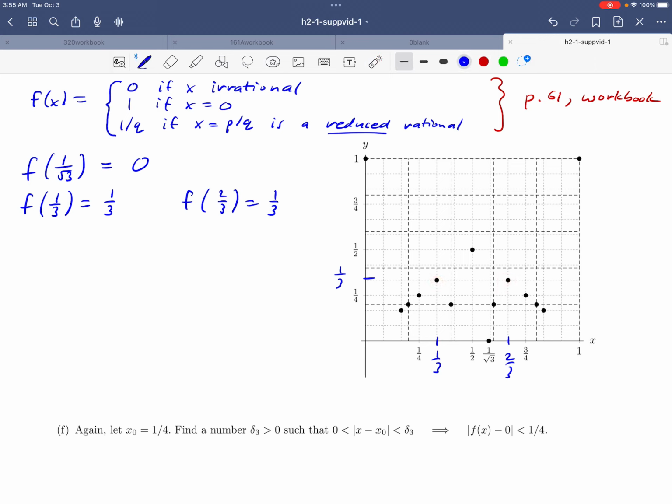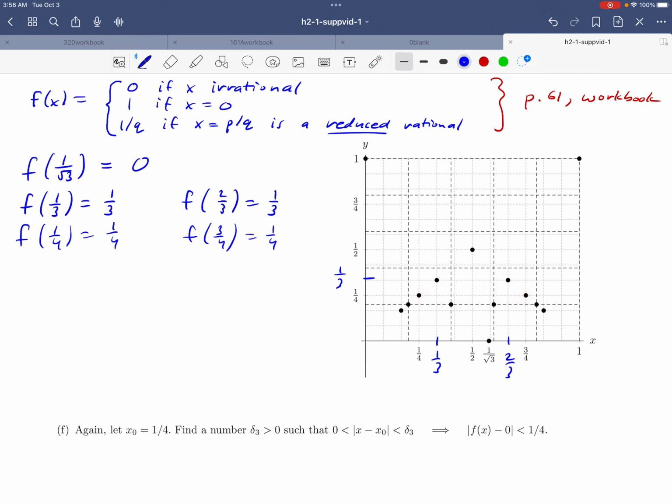Then you went on and plugged in points that have a denominator of 4. We're skipping over 2 over 4 because that's not in reduced form. If we plug in 1/4 and 3/4, again, we're going to get out 1/4 in both cases. And if we plot those 2 points, they end up being here and here, a little bit below the points that we plugged in for 1/3 and 2/3.